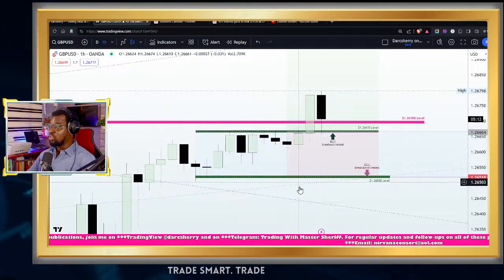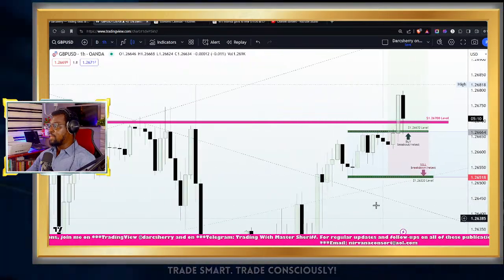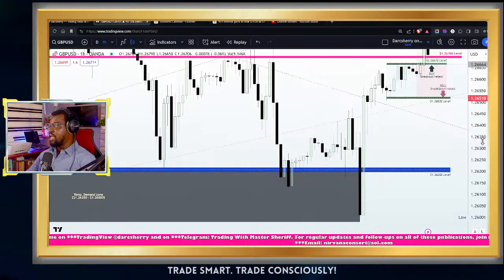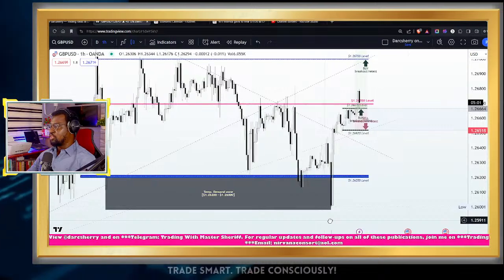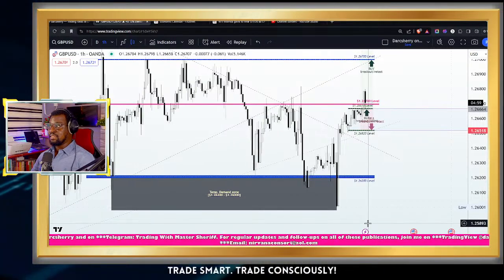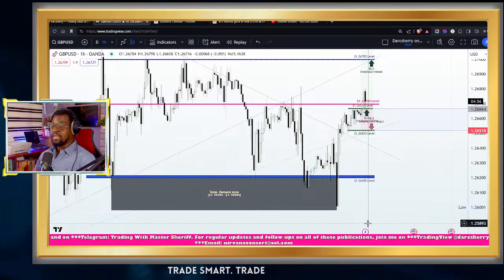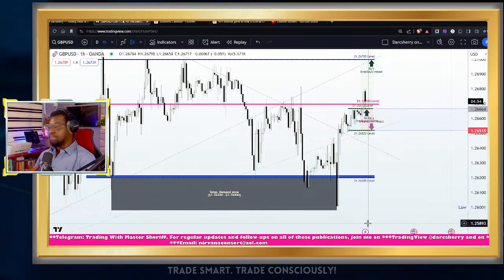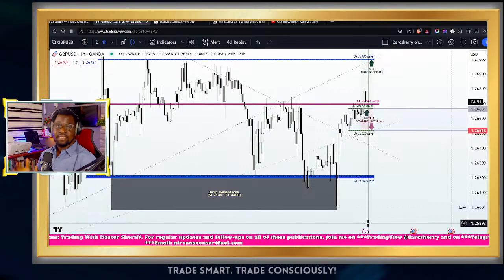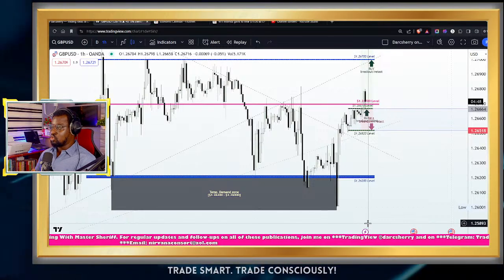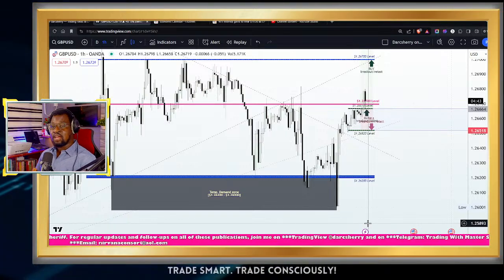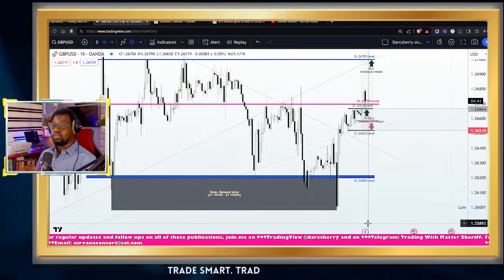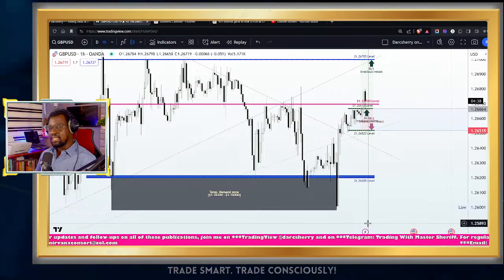Now, with the situation we have in mind here, there's another factor which we also took into consideration. For those of you who watch my weekend video on the GBP USD, remember that we did say that price action was currently trading above a temporary demand zone, which we did identify between the 1.262 and the 1.26 area, where we saw how it became so difficult for sellers to break through that zone throughout the course of last week to make it a robust demand zone to guide trading decisions for the week.